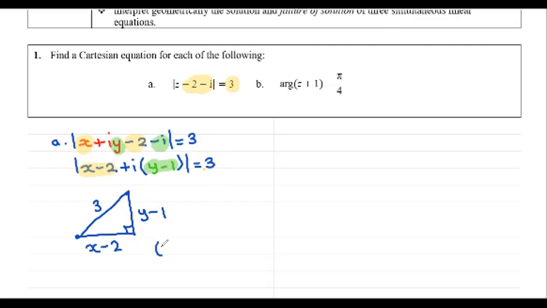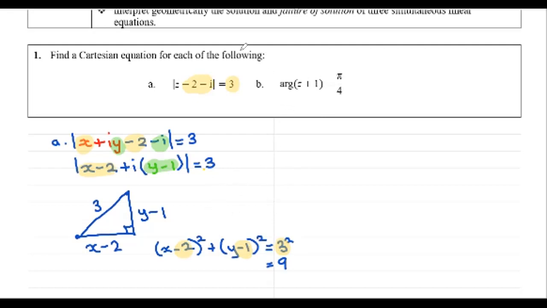So according to Pythagoras' theorem, if I take x subtract 2, square it, and add y subtract 1 and square that, then we get 3 squared, which is of course 9, which is the radius squared. And you can see clear as day now that the center of the circle is going to be at the point with coordinates 2, 1, if it was in the xy plane, and we've got a radius of 3 here. So it describes the same thing, but in the complex plane.